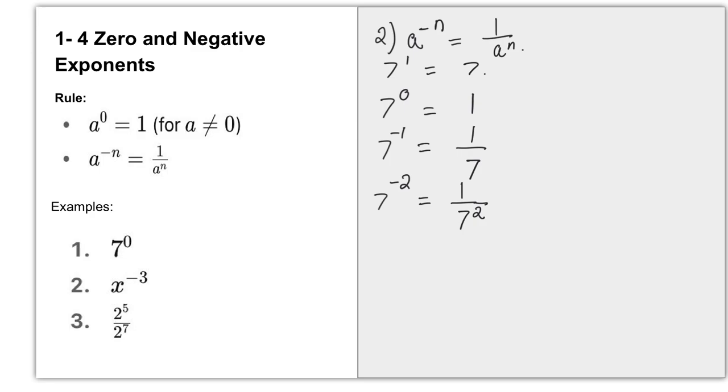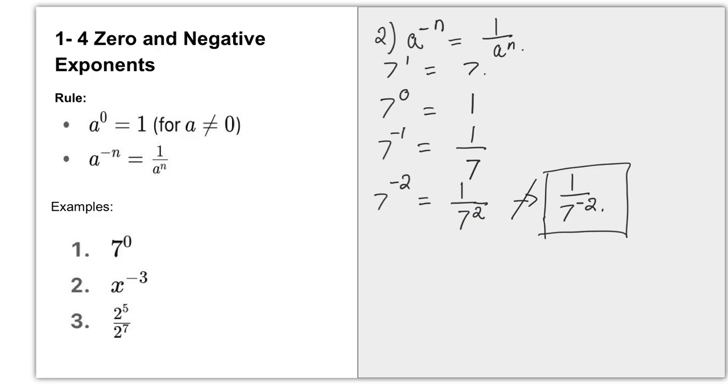One thing that students do most often is rewrite this as 1 over 7 raised to the -2. Well, we already simplified the negative exponent by rewriting it as a fraction, so when you do that, you're writing a fraction of a fraction. Here, I'm going to expand this for you so you can understand that is incorrect.